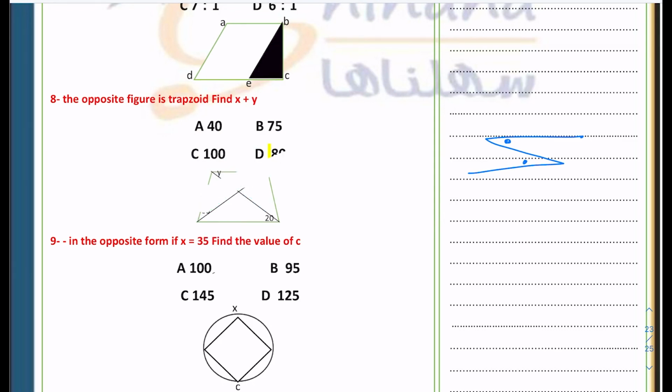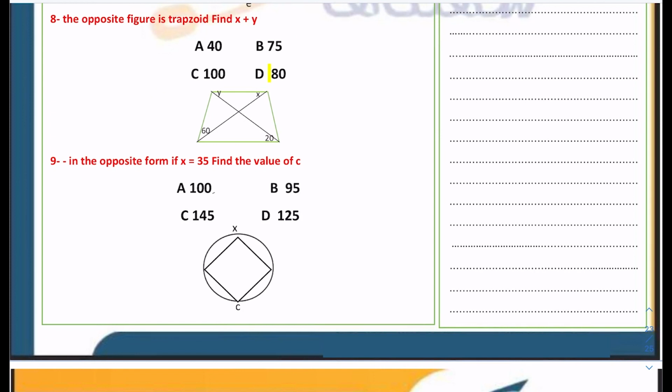Another question. He said angle x equals 35. What is angle C? I hear some of you say, Mister, you told us in the previous exam that the opposite angles are equal. Yes, but this is in a parallelogram and also in a kite.